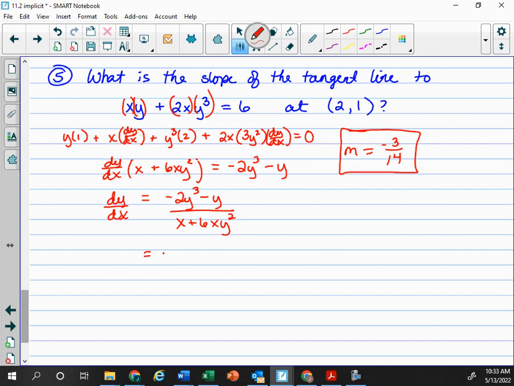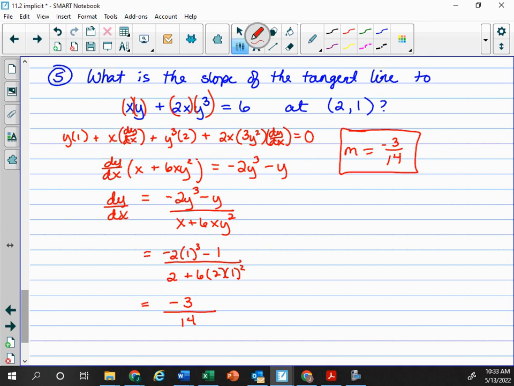So I've got negative 2 times 1 cubed minus 1 over 2 plus 6 times 2 times 1 squared. So that's negative 2 minus 1, negative 3. 2 plus 12 is 14. That's it, guys. Okay?